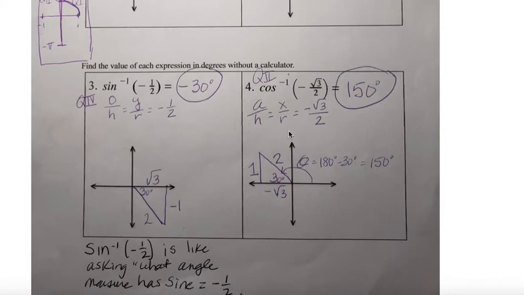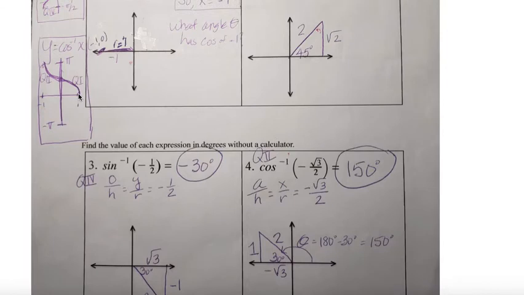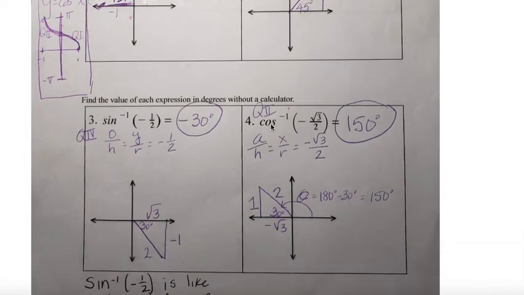The cosine inverse of negative root 3 over 2 is like asking what angle measure has a cosine ratio of negative root 3 over 2. Well, cosine inverse only gives out angle measures in quadrant 1 and quadrant 2. And in which one of those is the cosine going to be negative? Quadrant 2. Cosine is the x-coordinate over the radius, or adjacent over hypotenuse.